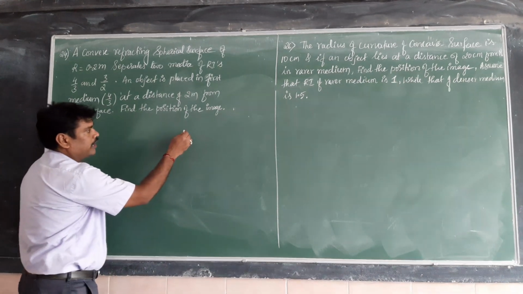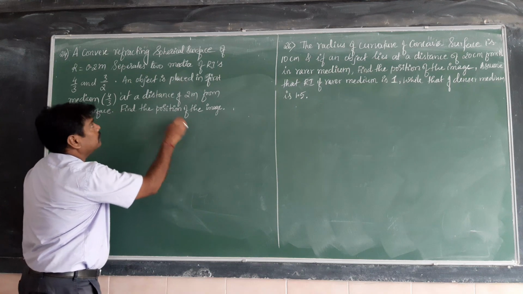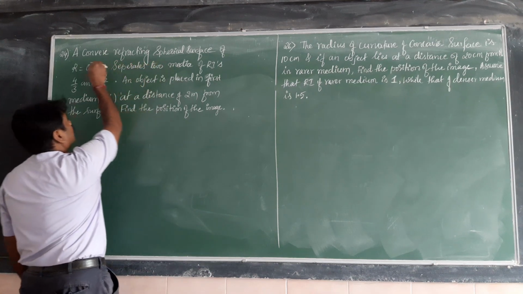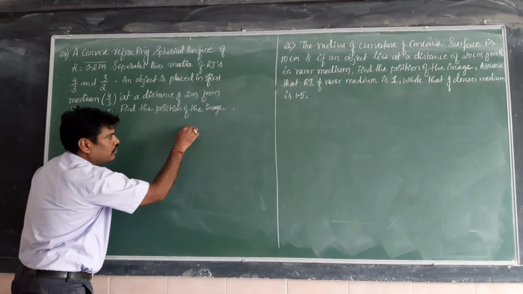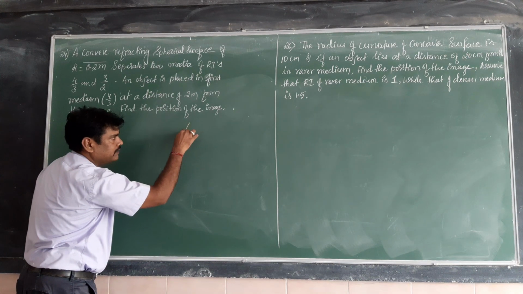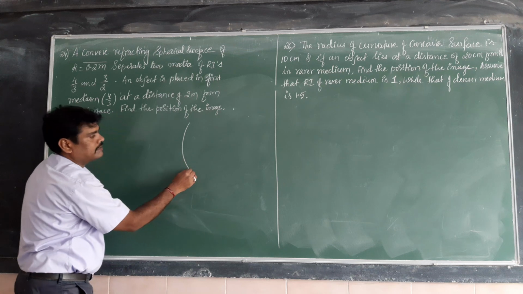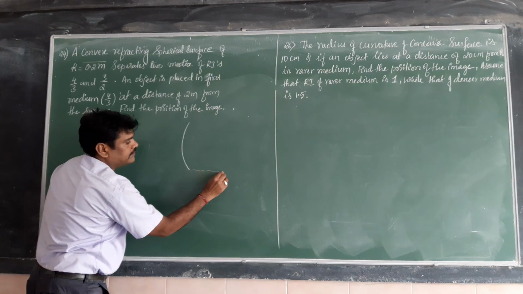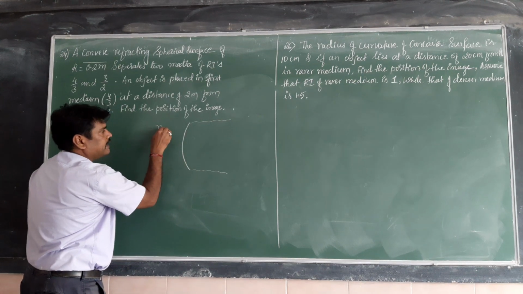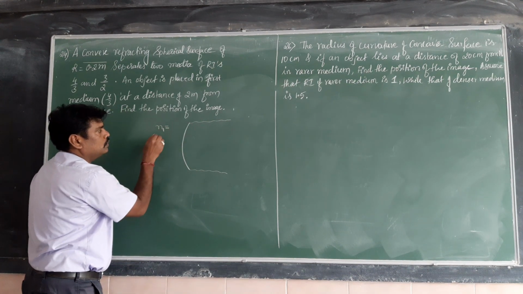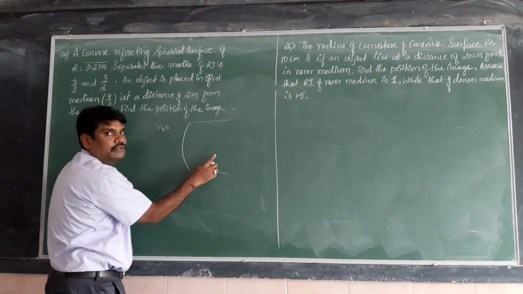See here, according to the given problem, the surface is a convex refracting surface. So I want to draw the convex refracting surface diagram here. This is the convex surface. The rarer medium is N1, which has a smaller refractive index compared to this one.